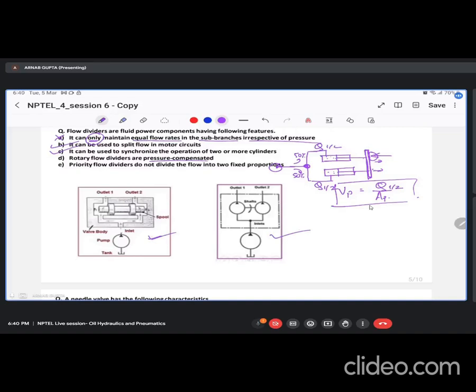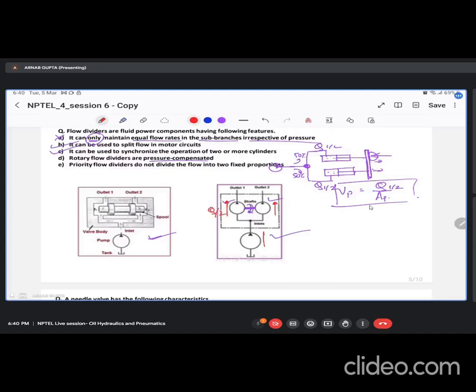Rotary means there will be two pumps connected by a common shaft. As this shaft rotates at the same speed, and these pumps are positive displacement pumps, they are positively displacing.